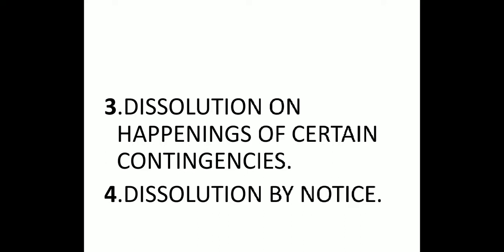If any partner intends to end the firm, that partner can give notice in writing to all the other partners of his intention to dissolve the firm. The firm is dissolved from the date mentioned in the notice as the date of dissolution, or if no date is mentioned, then from the date of the service of the notice.